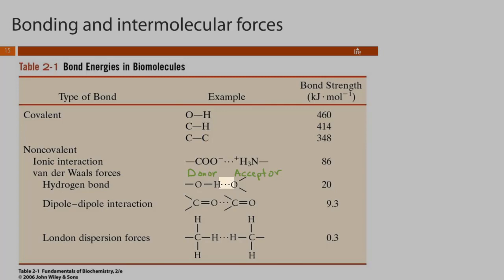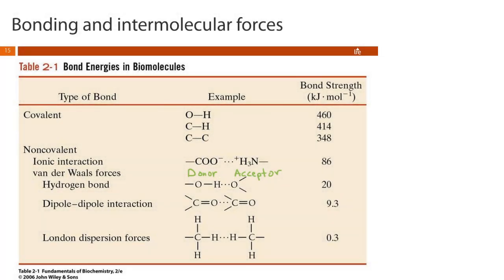So our next one is a dipole-dipole interaction, which I don't think you talked about in the last class, but this is another noncovalent interaction that involves the attraction of two opposite dipoles. Remember from the last slide, we have enough of an electronegativity difference between carbon and oxygen that these 4 electrons that make up this double bond are going to spend more time around the oxygen than the carbon, resulting in a partial negative charge on the oxygen and a partial positive charge on the carbon.